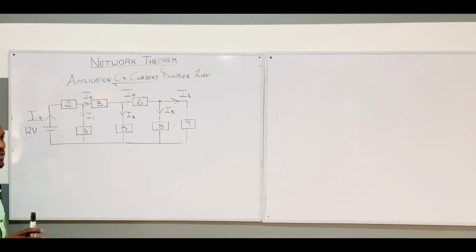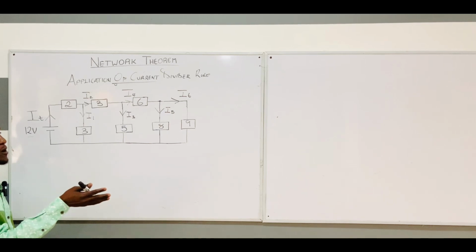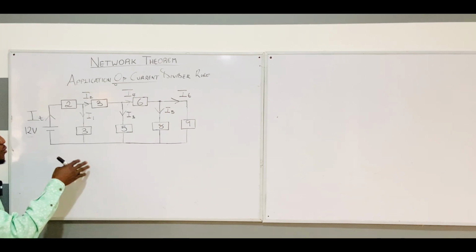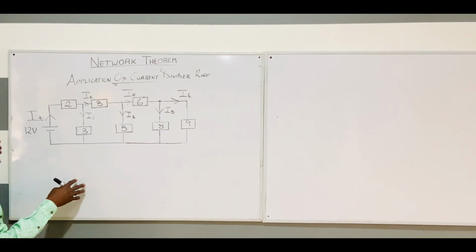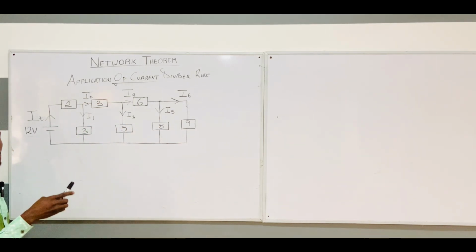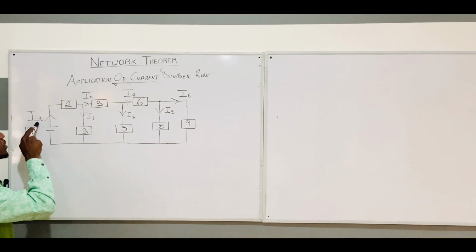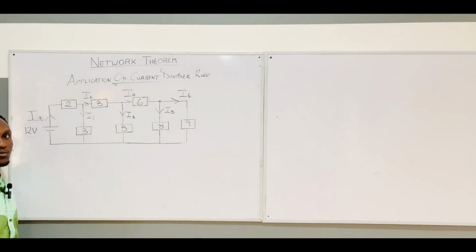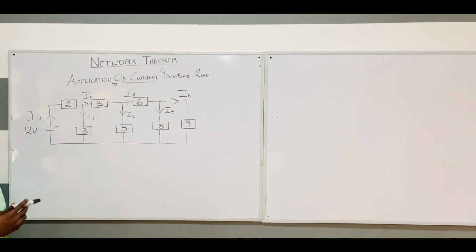Now let me explain. One of the tricks you need to know is that there are ways that we can solve this, okay? When you look at this very carefully, we want to find the current on all branches. To do that, we need to first calculate the value of the total current, which is called IT. Before I can find IT, I don't know the value.